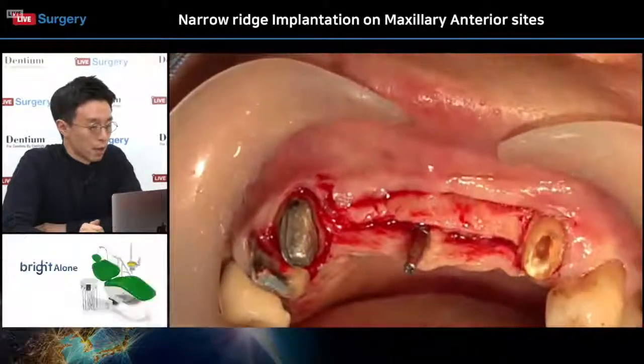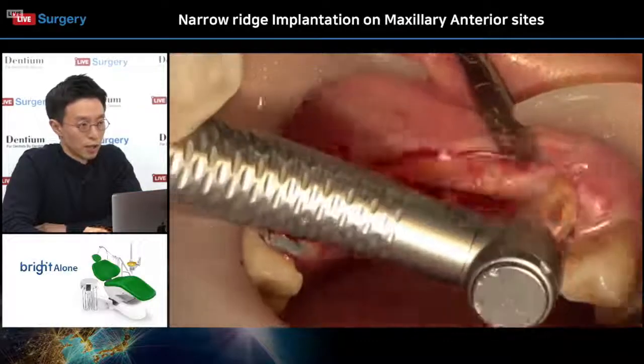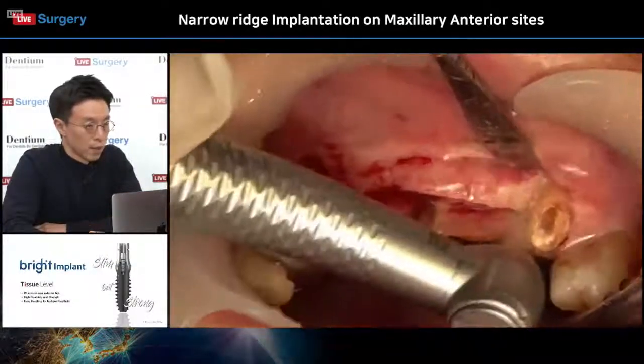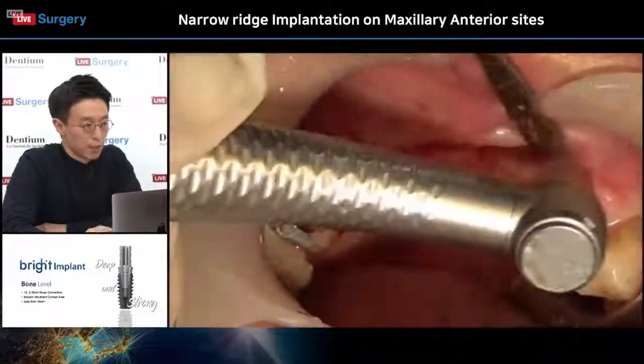I think he inserted the pin into the nasopalatine foramen to locate and place the implant exactly.